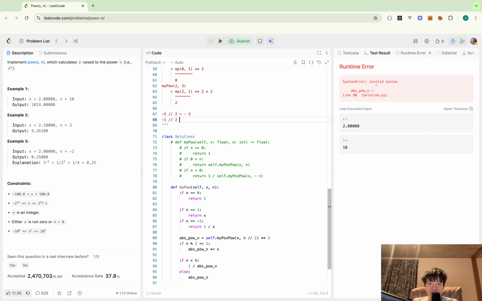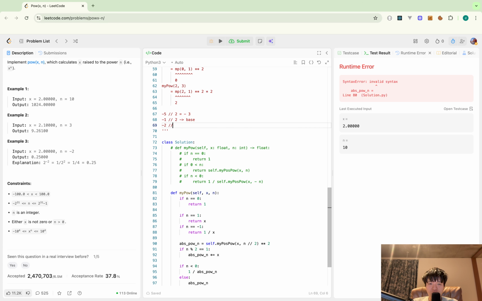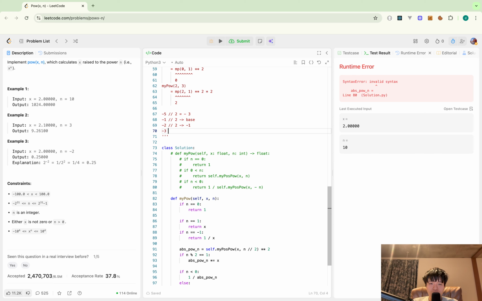In this case, this is the base case. I don't have to take care of this. If it is -2, then this should be -1. Okay, -3, this should be -2, and modulo should be +1. Let me check it. Yeah, correct.